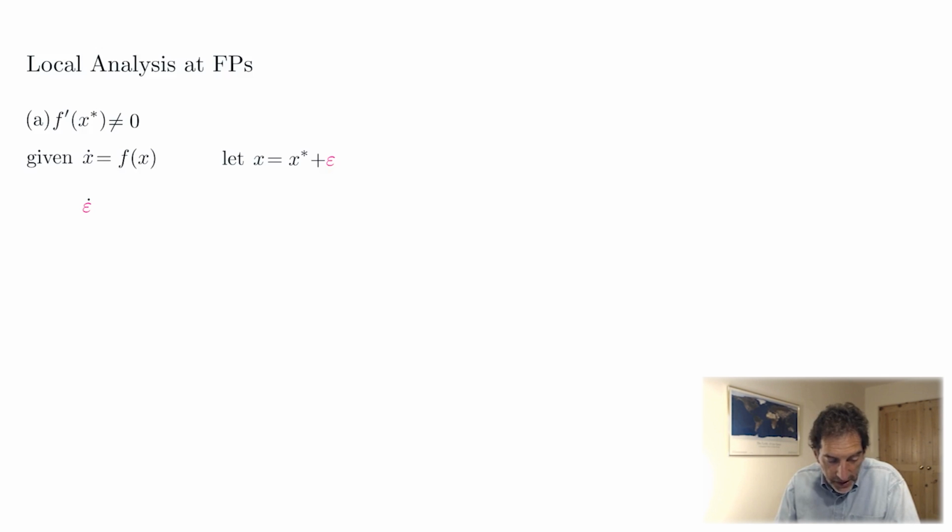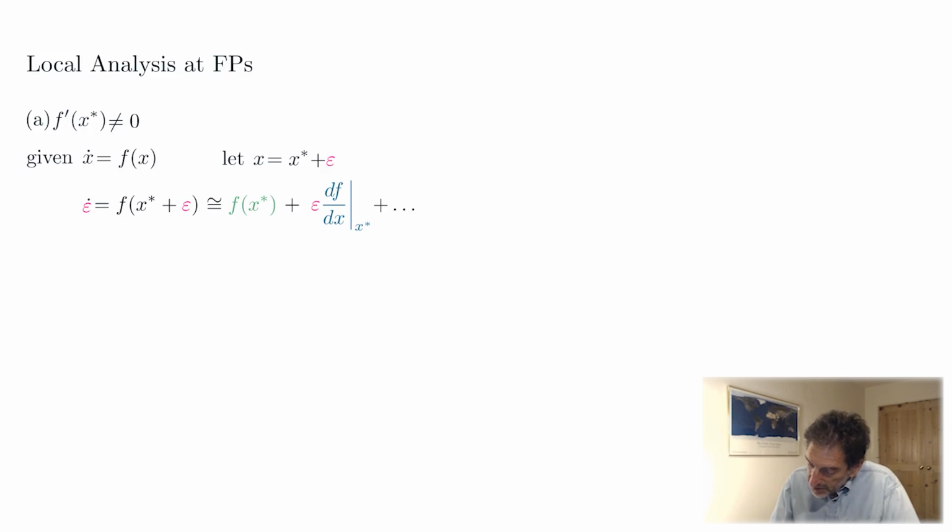And on the right-hand side, we have f of x star plus epsilon, and we can now perform a Taylor series expansion and write this as approximately equal to f of x star plus epsilon times df by dx evaluated at x star, plus higher order terms. And in the limit where epsilon is very small, we're going to neglect these higher order terms.